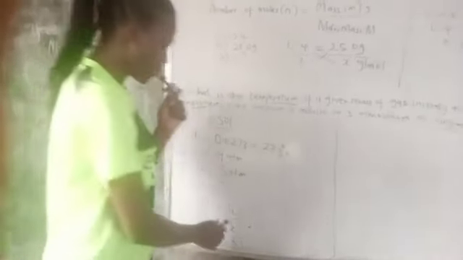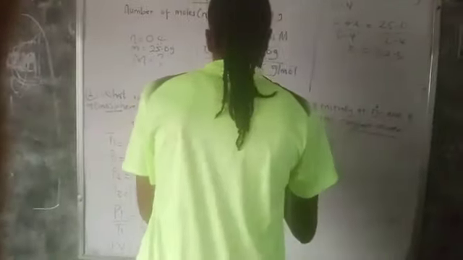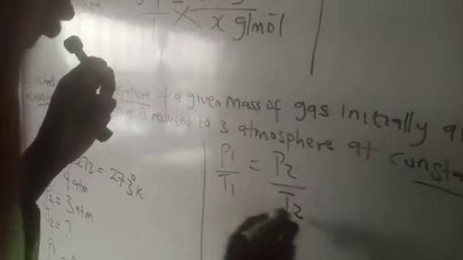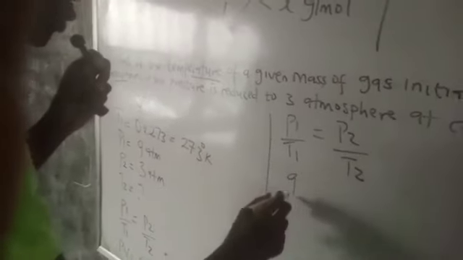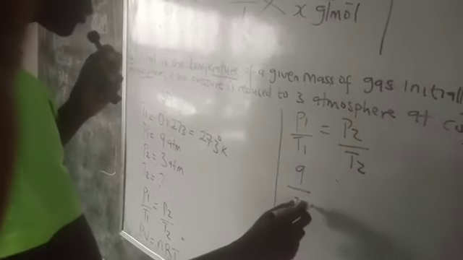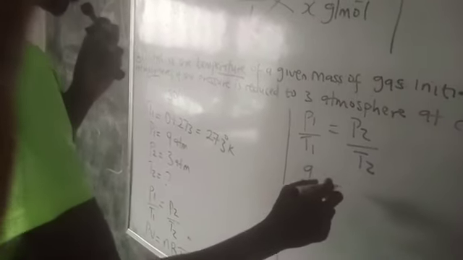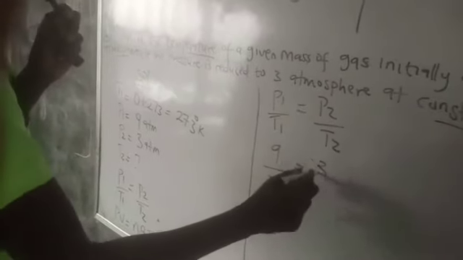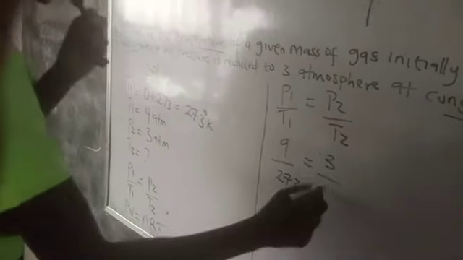So our P1 is given as 9, T1 is 273, P2 is 3, and our T2 is not given.